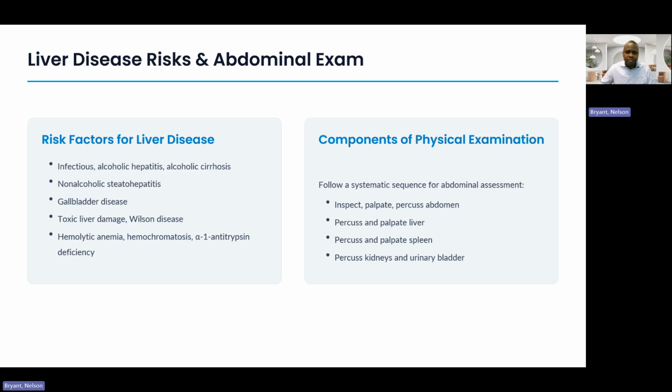And so your abdominal physical assessment should follow a strict sequence which you are already aware of. It's quite different from other assessments. Start with inspection, auscultation, then percussion, and then palpation.